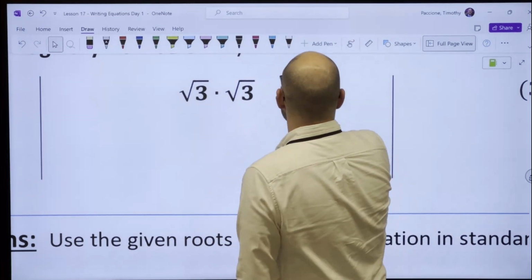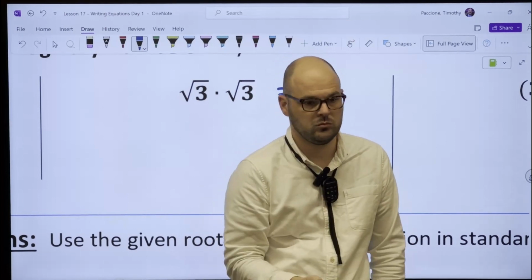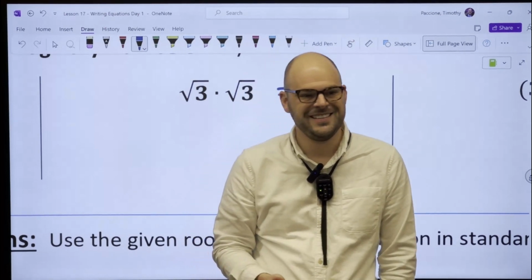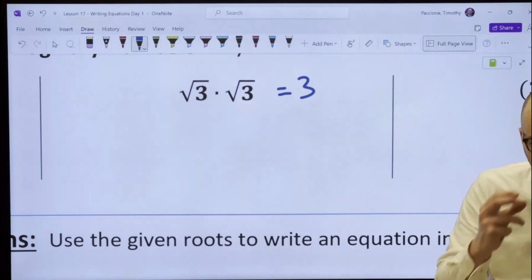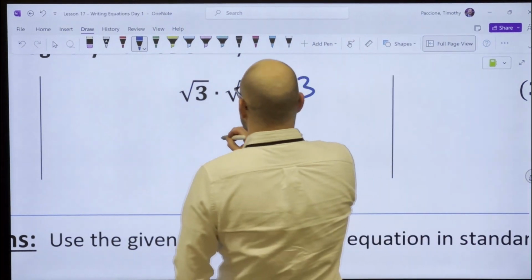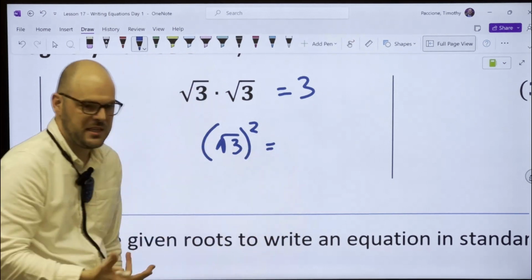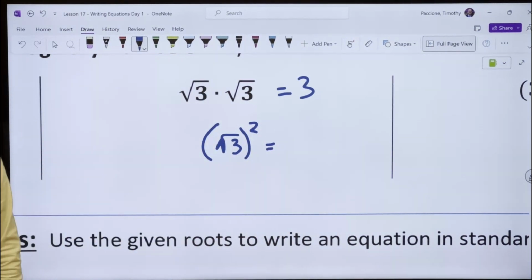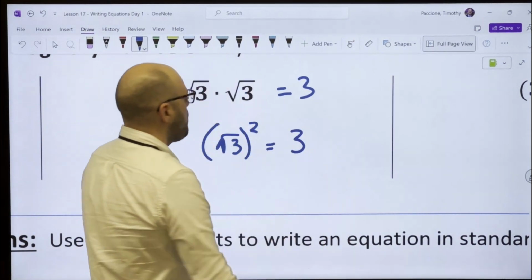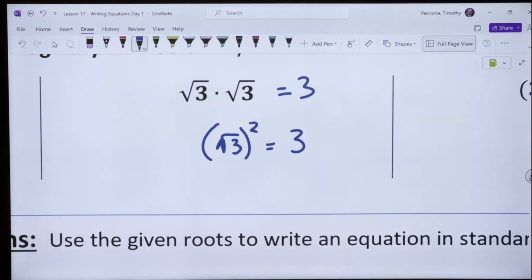This is just 3. So you can just remember that, or you can actually do the math. You can say, okay, well, this is the square root of 3 squared, and the square root and the square cancel, and you just have 3. Okay? Make sense? Any questions there?